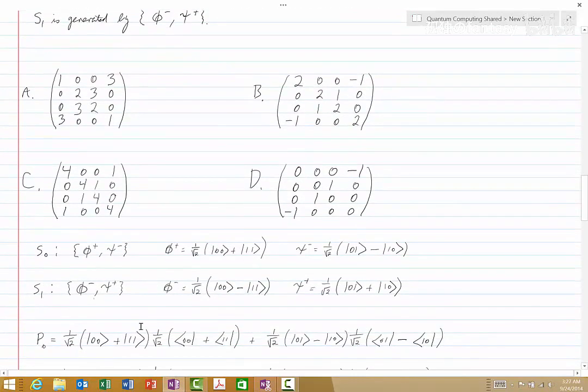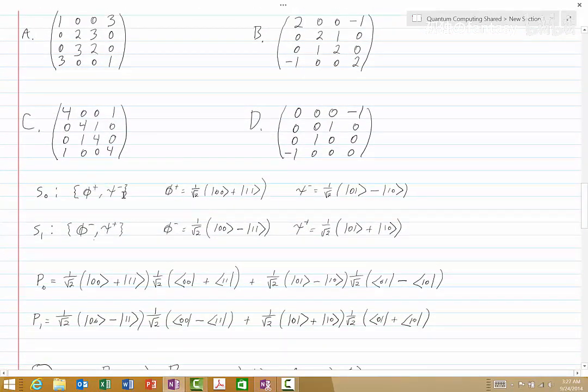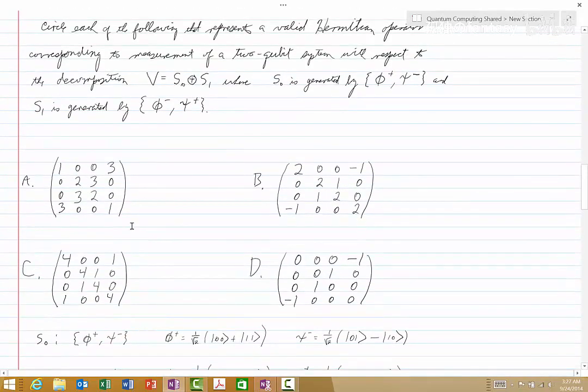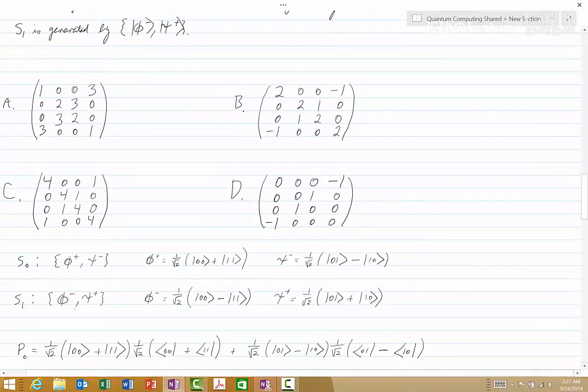And remember that those vectors, those kets, phi plus, psi minus, and actually I should put the ket symbol here, so let me go ahead and do that for each of these, and the same thing down here. Remember that those are defined as given here.